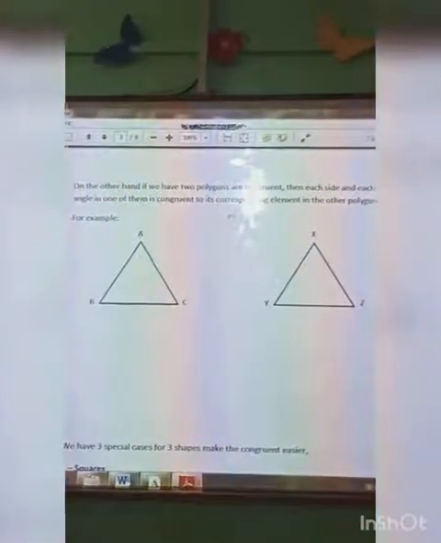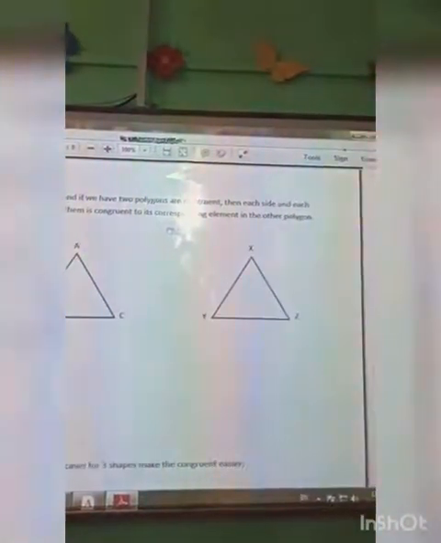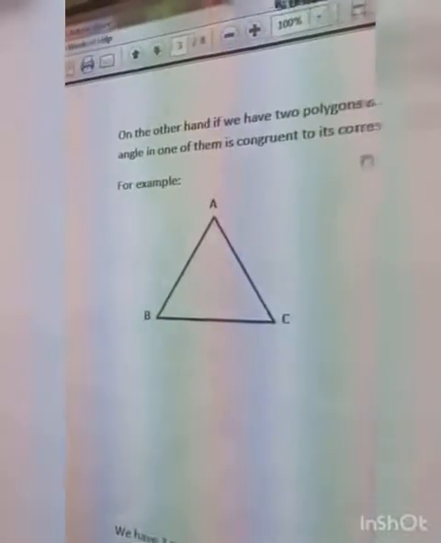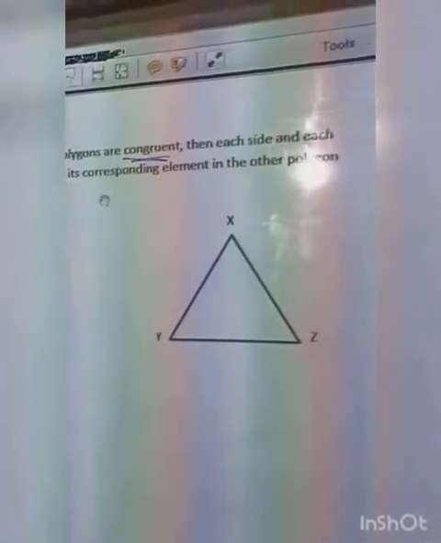On the other hand, if we know that two polygons are congruent, then each side and each angle in one of them is congruent to its corresponding element in the other polygon.